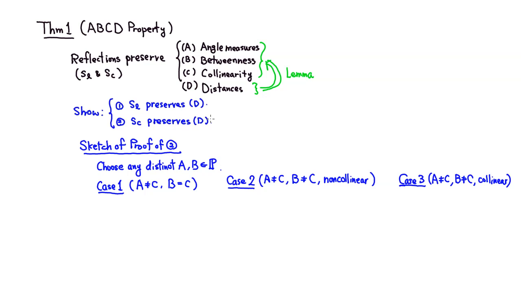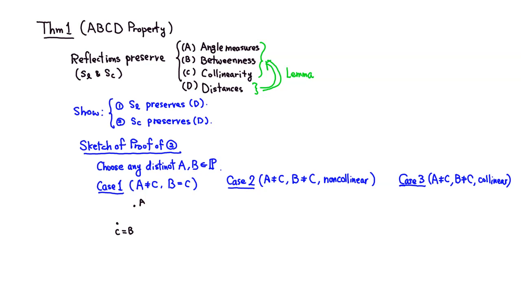Let's say that one of the points is actually the same point as C. That could happen, right? Picture-wise, let's say A is different from C, here's C, but C happens to be the same as B. Then A is different. We want to show that A prime B prime is equal to AB.